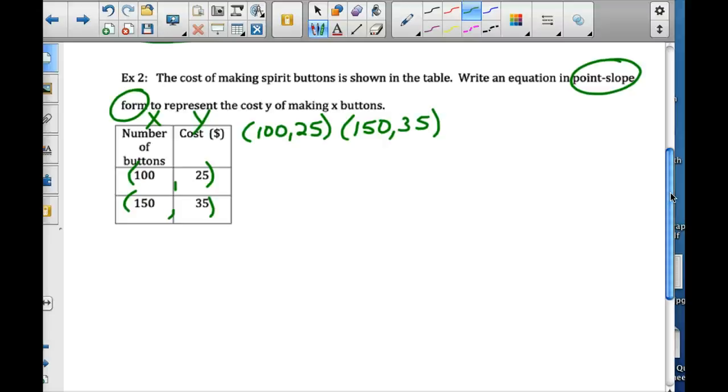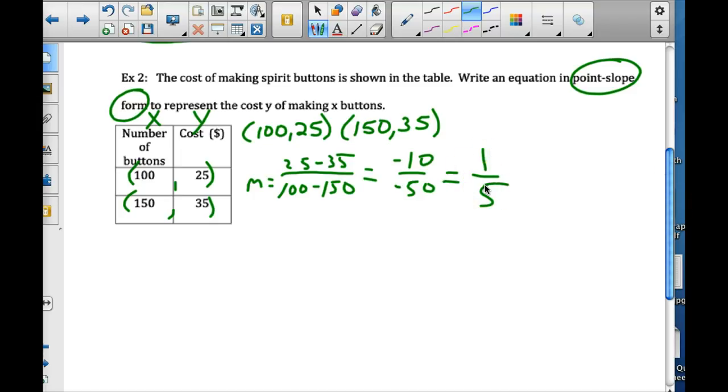Ms. Daly, talk me through the slope. 25 minus 35 over 100 minus 150. Nice. Okay. Do it in a systematic way, guys. Take that first y minus the second one over the first x minus the second x. 25 minus 35 is negative 10 over negative 50, which is 1/5.